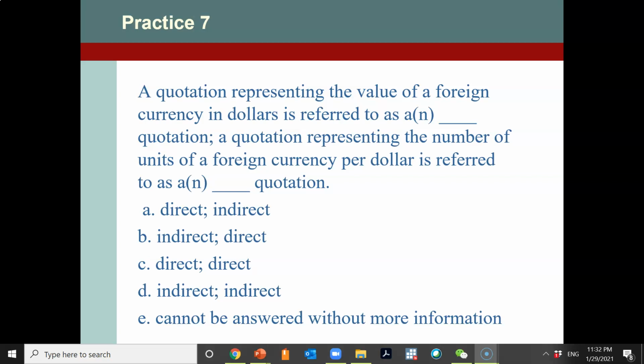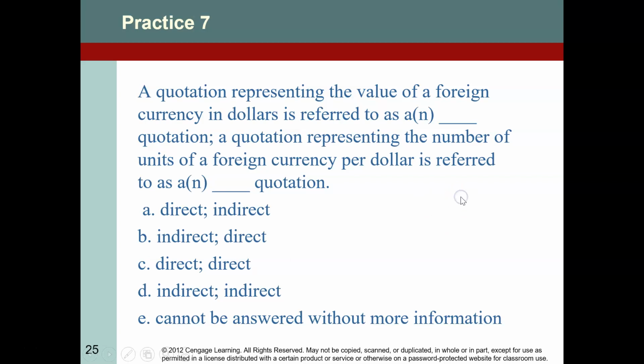If you already have an answer in mind, let's go to the next slide. Yes, we should choose A here. A quotation representing the value of a foreign currency in dollars is referred to as a direct quotation. A quotation representing the number of units of a foreign currency per dollar is referred to as an indirect quotation.